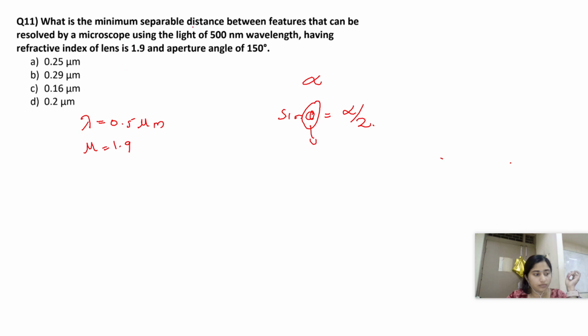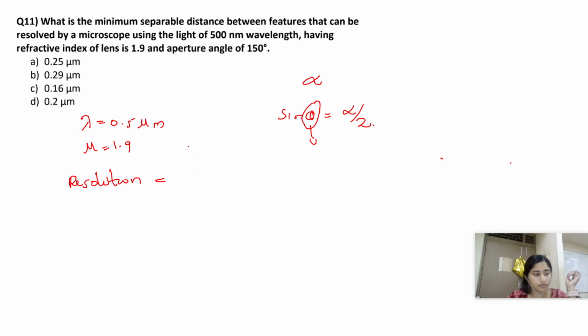So what is the minimum separable distance between the features that can be resolved by a microscope? That is the resolution value. So you have to find the resolution here. For that you already know the formula, you have to substitute all the values.